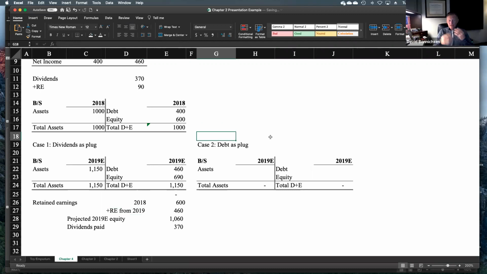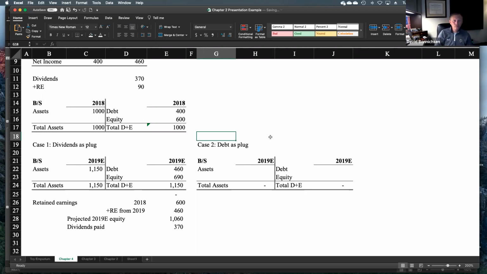Okay, so understanding that flow, when we're making projections, the first step is just to get what we need plugged in. And then it's going to be out of balance. And then we have to decide where we're going to plug the variable, whether it's going to be through debt or equity, common stock or retained earnings, or changing our dividend policy.